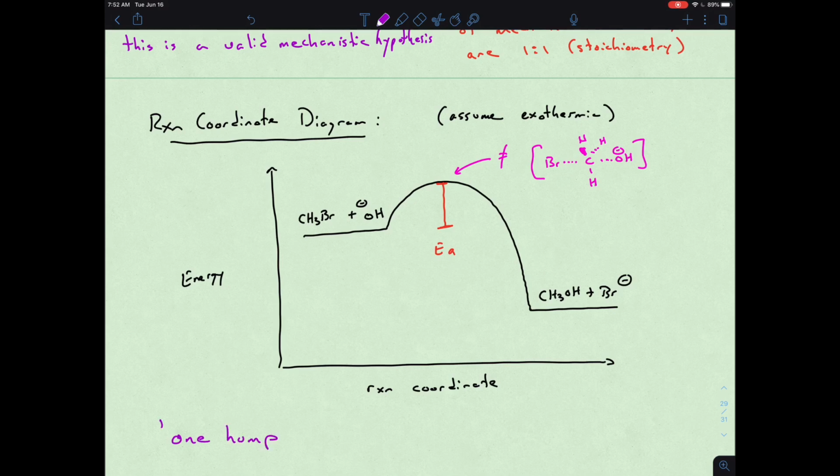And so we have one hump, since only one mechanistic step. And so that's the beginning of our understanding of reaction mechanism. Again, mechanisms will be given to you, so it's not like you have to come up with them. You don't have to worry about that.